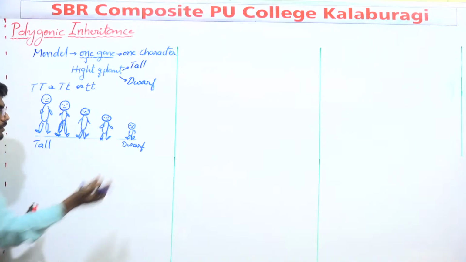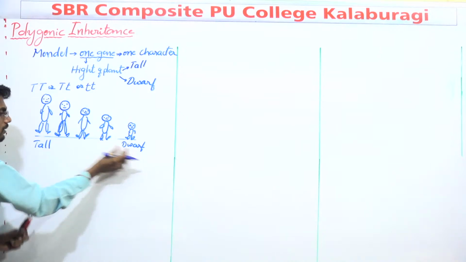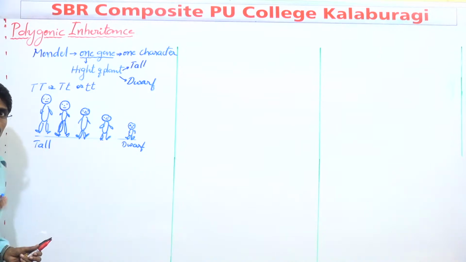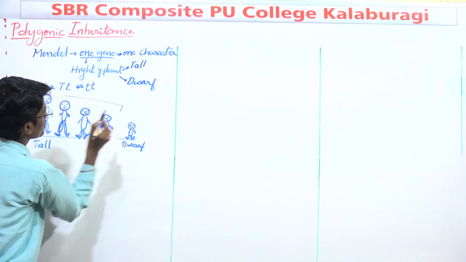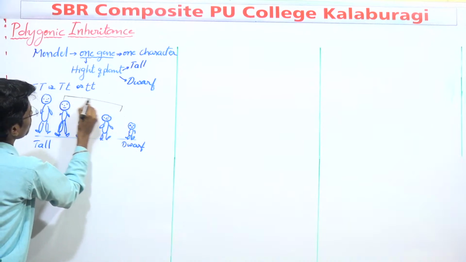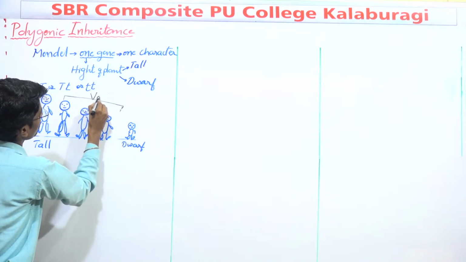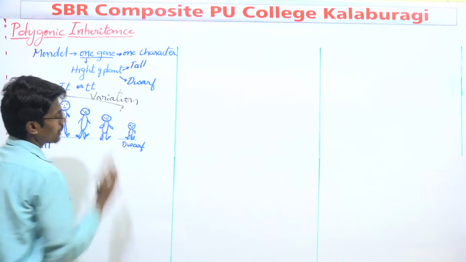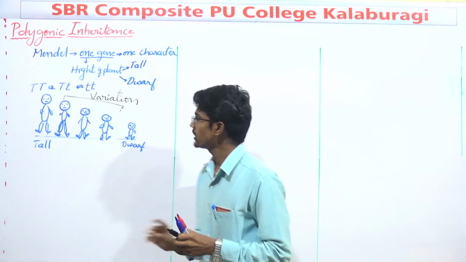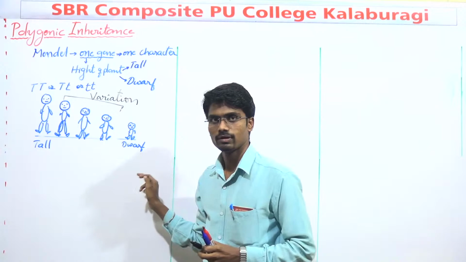As per Mendel, only two forms, one is the dwarf and another one is the tall. The question is, whatever the variation found in between the tall and dwarf, isn't it?